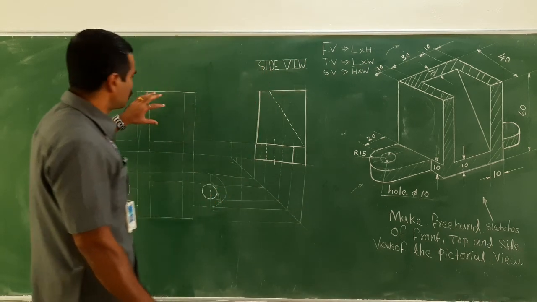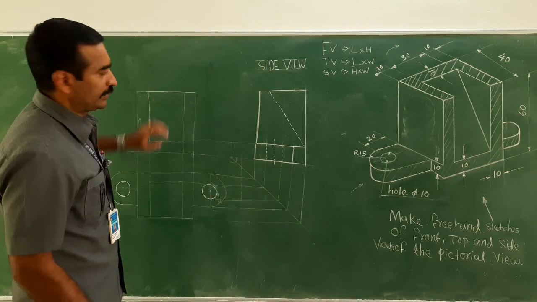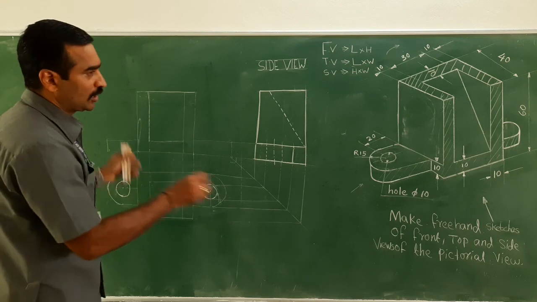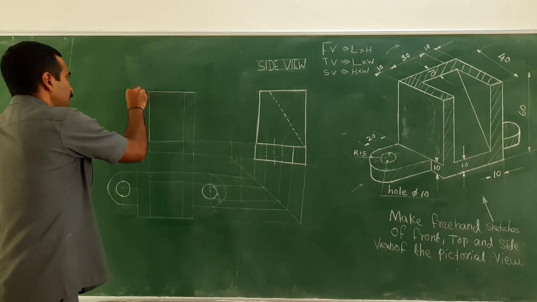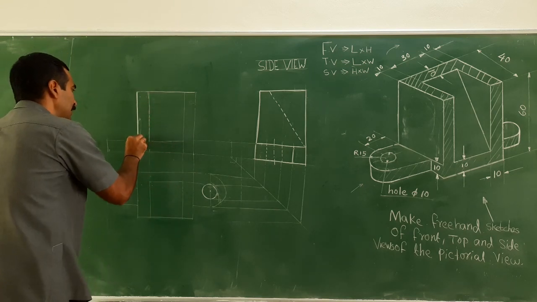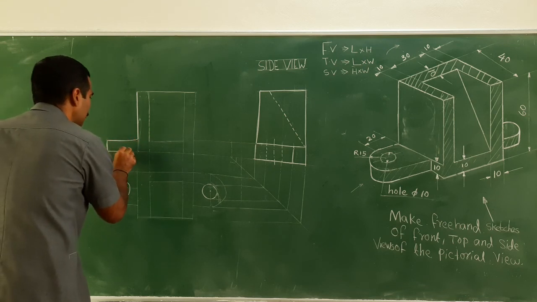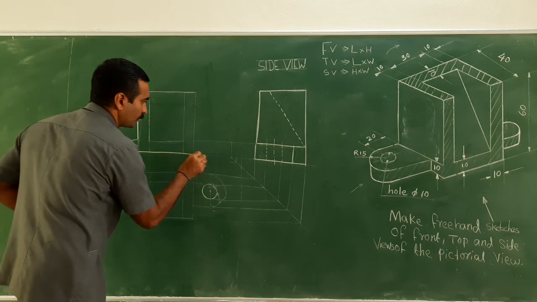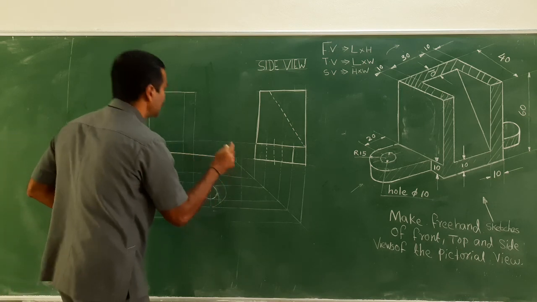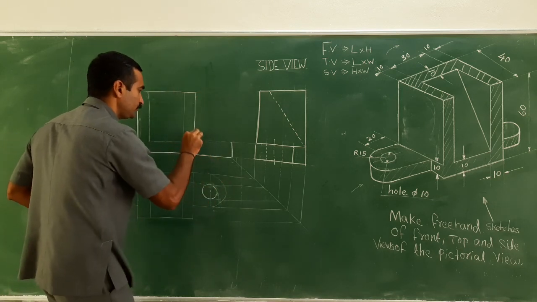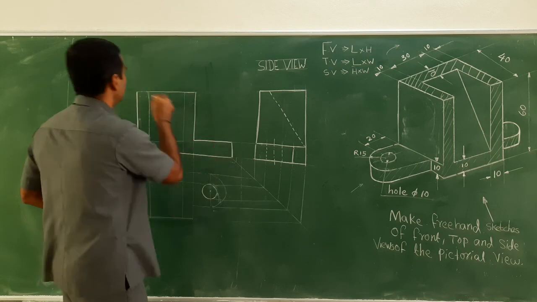Now let me move to the front view here. Let me just construct all the lines here by using an HB pencil. The outline should be drawn as dark. So the total length of 120 mm, right?